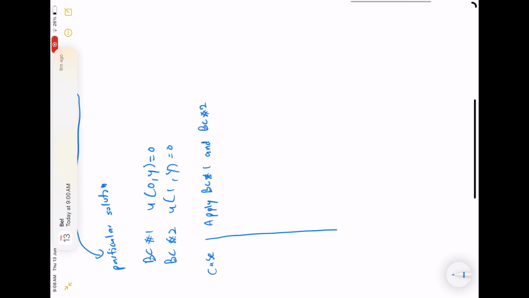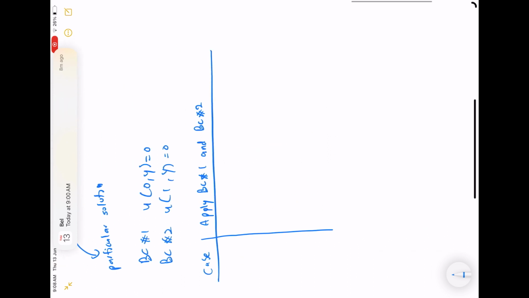Okay, continue now. So case number 1, lambda equal to 0. We have our u.